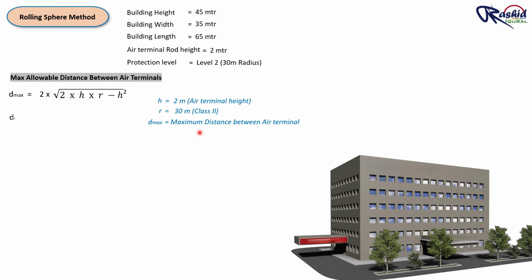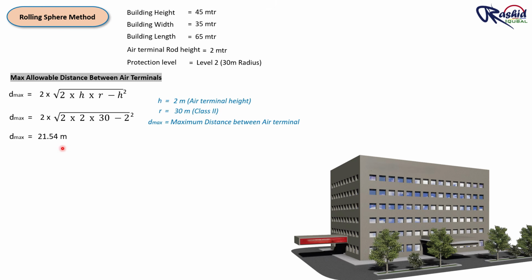Now let's substitute these values into the formula. d equal to 2 multiplied by root 2 multiplied by 2 multiplied by 30 minus 2 square. So after solving this equation we get 21.54 meter.